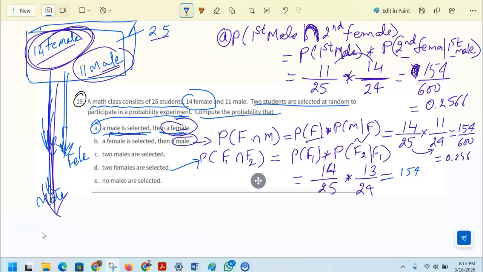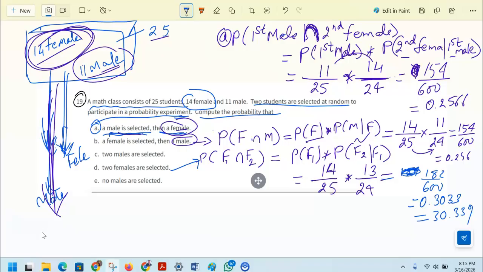If you use a calculator, 14 times 13 is 182, and 25 times 24 is 600. And if you do 182 divided by 600, you get 0.3033, which is almost 30.3%.